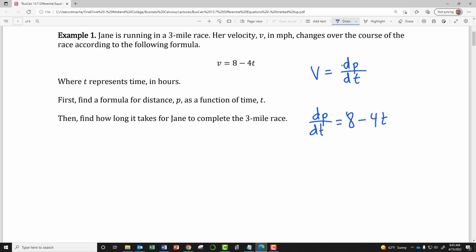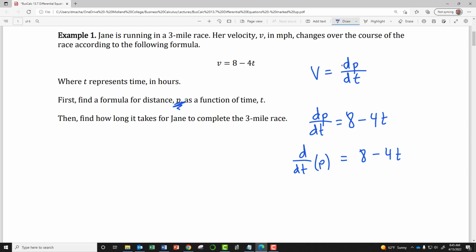Now, I want a formula that gives me the distance p, and my p here appears inside the derivative. So I'm taking the derivative with respect to time of p on the left side. On the right side, I have 8 minus 4t.